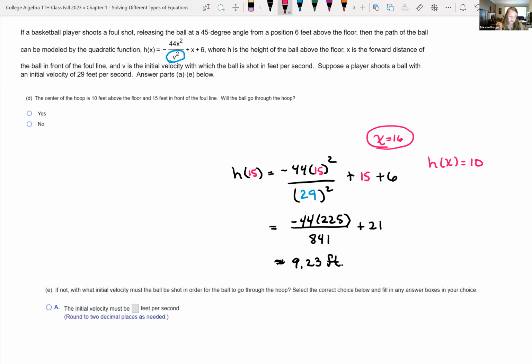So let's go plug this in. So we want the height to equal 10 so that the ball goes through the hoop. It is equal to negative 44 all times, we're still 15 feet in front of the foul line, quantity squared all over V squared plus 15 plus 6.